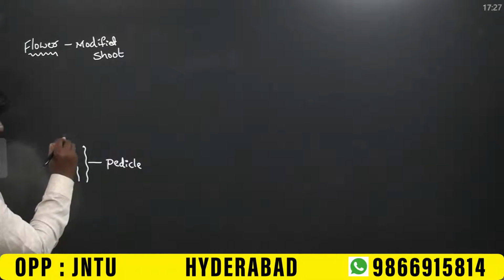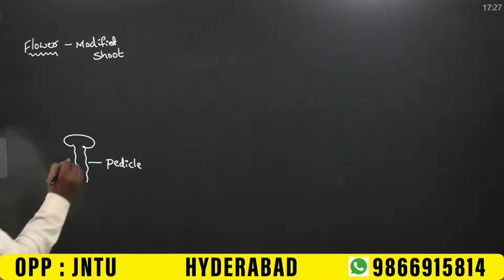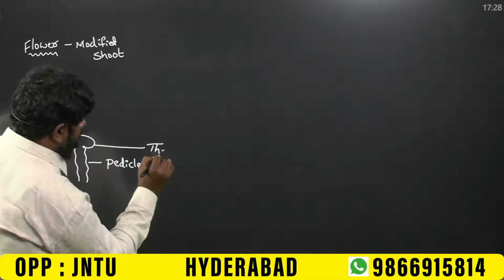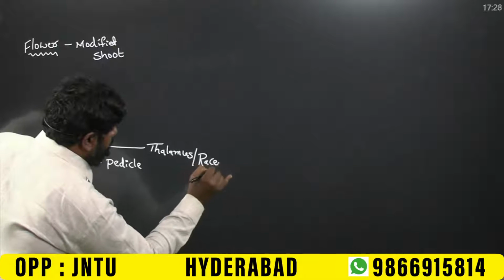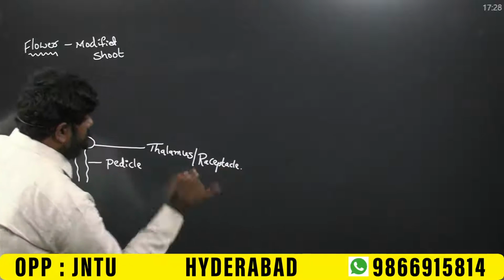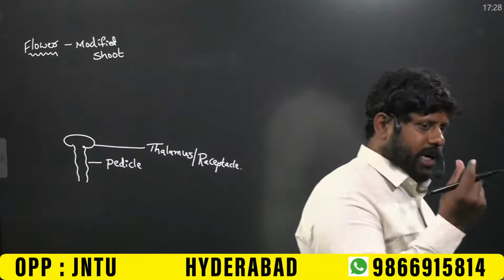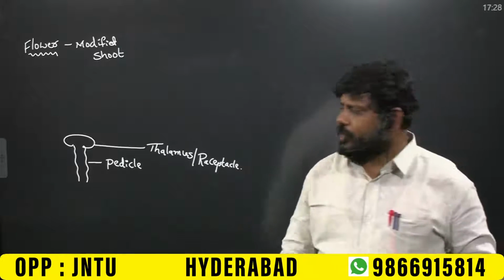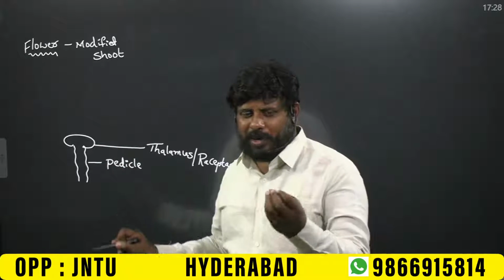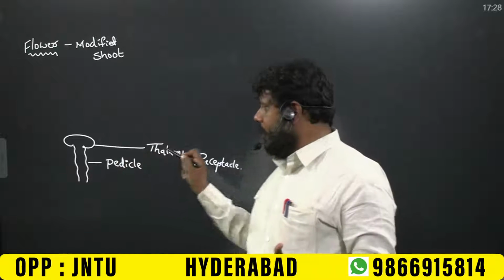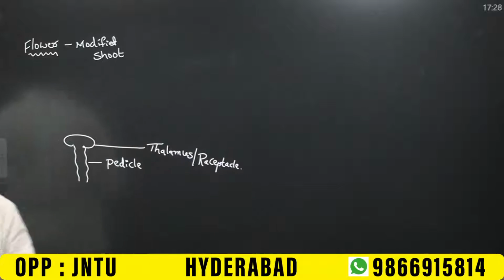The swollen tip of the pedicel is called the thalamus, which is also called the receptacle. Not every flower, but the majority of flowers, consist of a stalk.